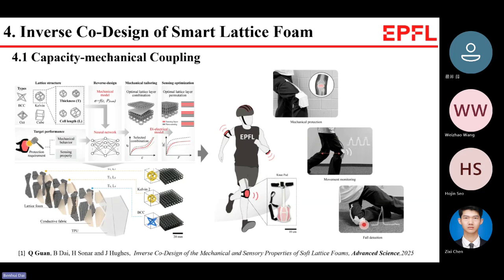And to achieve this co-design of mechanical and functional targets, such as for sensing, a neural network was involved to handle the nonlinear behaviors and the discrete and large design workspace.